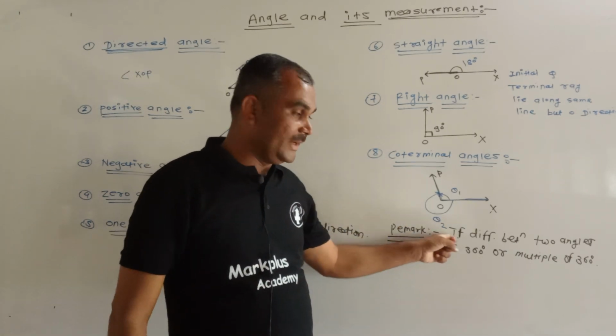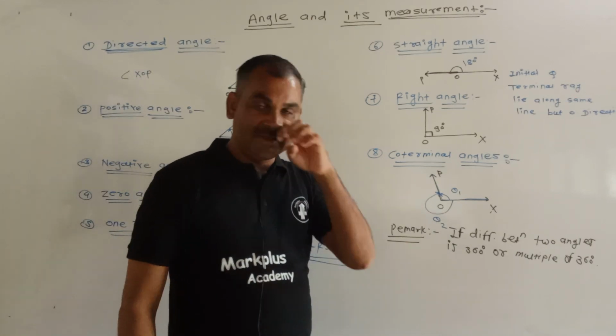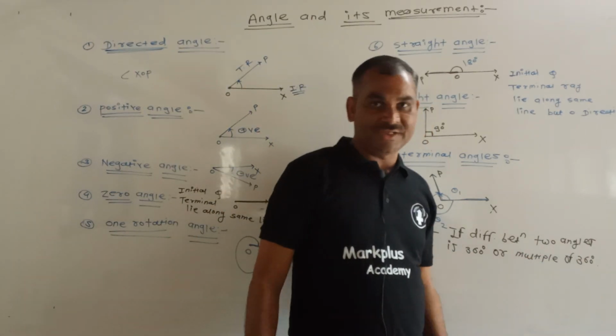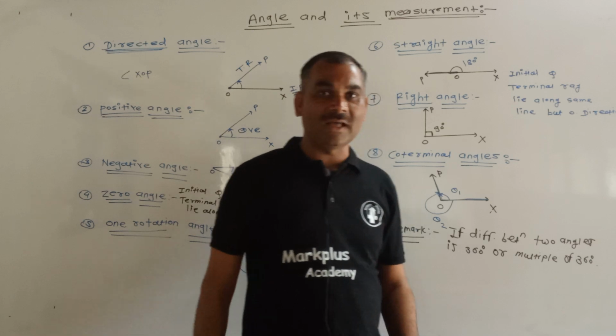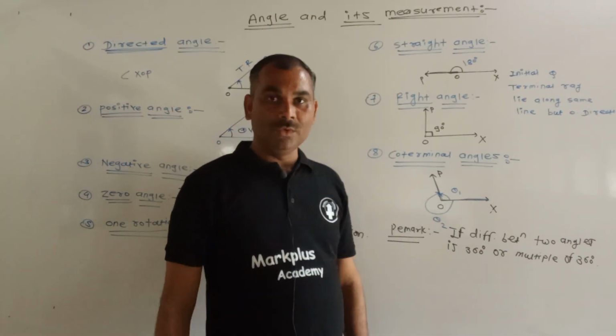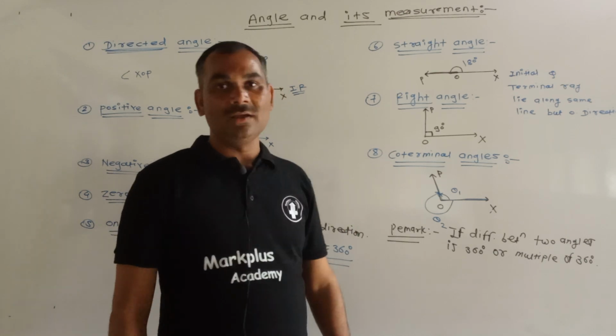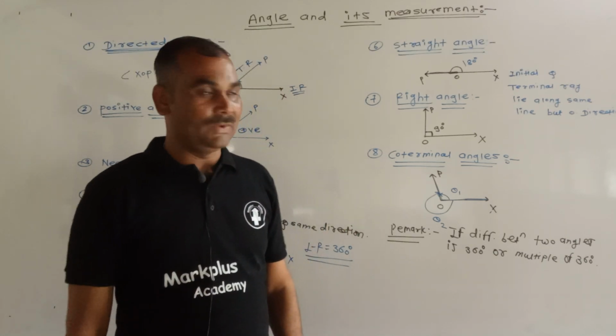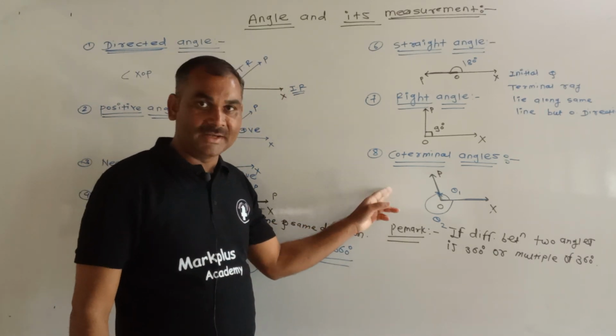If difference between two angle is 360 degree और द मल्टीपल ऑफ 360 डिग्री, यहाँ पे नेगेटिव पॉजिटिव दोनों भी आ सकता है, इंटीग्रल मल्टीपल ऑफ 360 डिग्री, एट दैट टाइम वी हैव टू कॉल दिस गिवन एंगल्स आर co-terminal angles. Okay, now this is very very important definition.